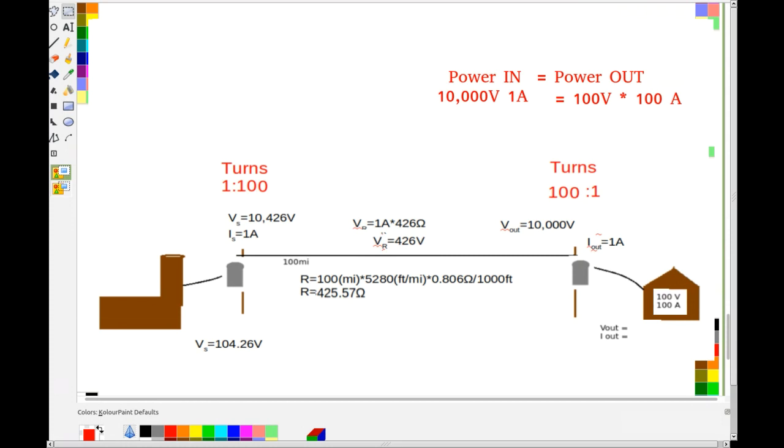We just round that up to 426 to 3 significant digits, right? So 426 ohms with 1 amp flowing through it. So it's going to drop 426 volts. Okay, so 426 volts is going to be dropped across this wire.